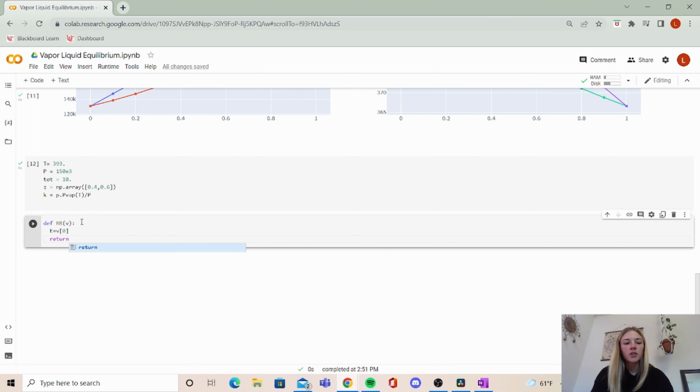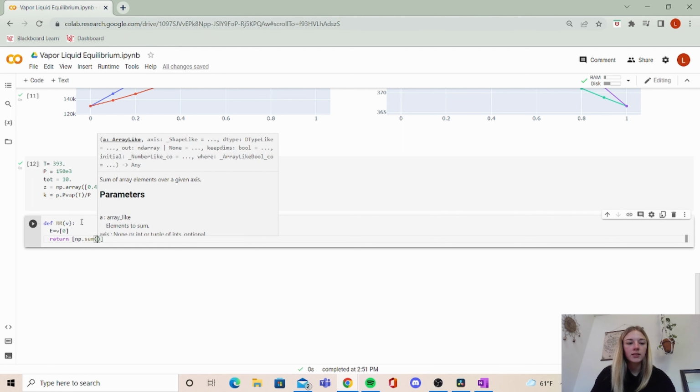So for our return function, we just want to return our sum, which is going to need to be an array. And what the root solver is going to do is run through this summation equation and find a value for E so that it reaches 0.